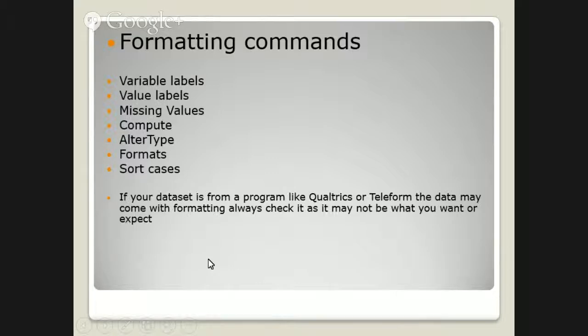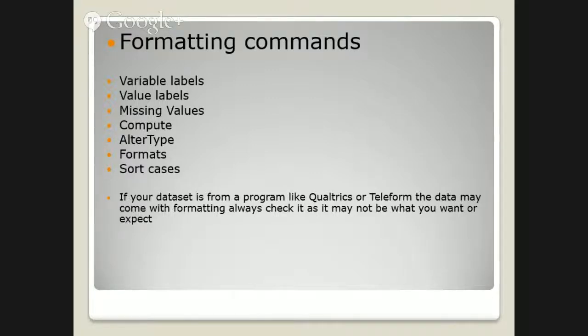If you're downloading your data from a program like Qualtrics or Teleform, when it comes in, it might have some labels and values, and I don't think it would have missing, but it's possible that it might. You always want to check those because they may not be what you expect them to be because of the ways the different programs set things up.